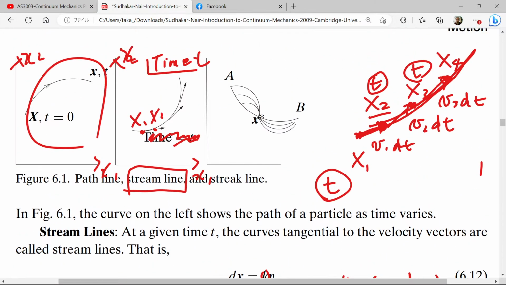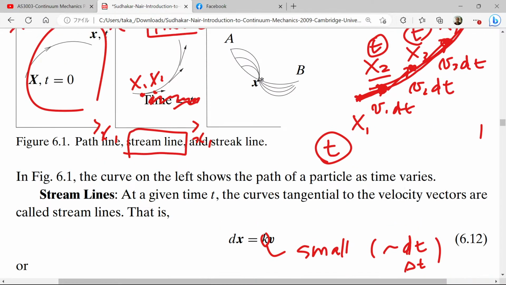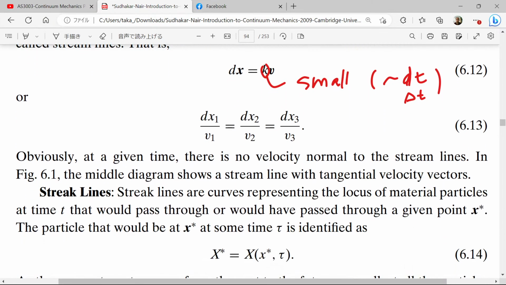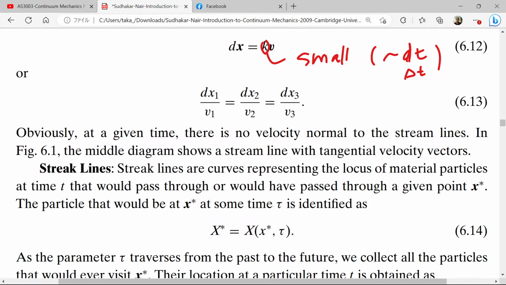I don't understand. Okay, what is the time in this case? Locus of material particles.